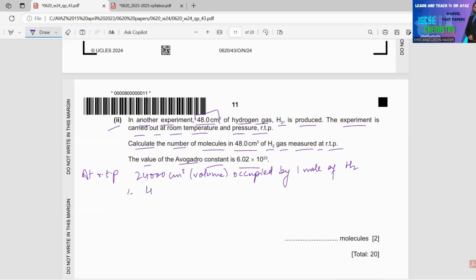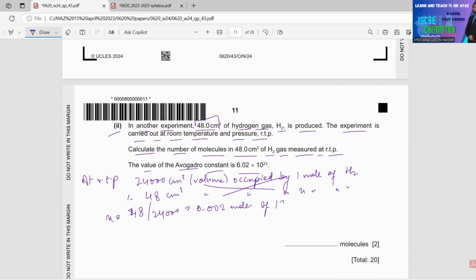Therefore, 48 cm3, again the volume is occupied by X mole of H2. Do the cross multiplication. So X is equal to 48 divided by 24,000. So the moles will be 0.002. 0.002 moles of H2.